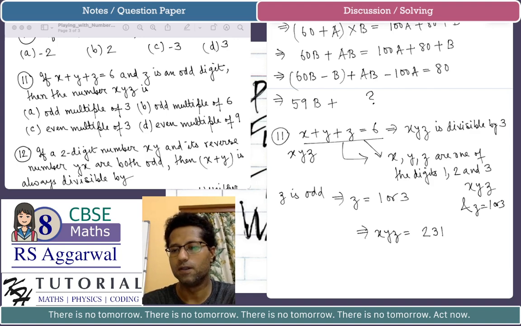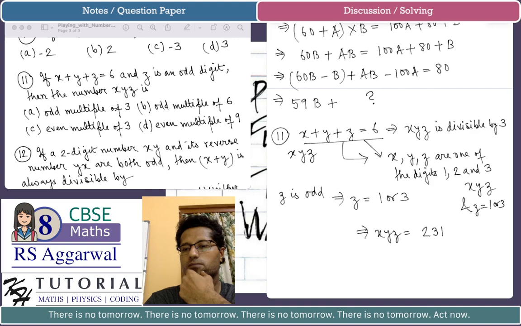So all the possible numbers of the three-digit number xyz, where z is some odd digit and all the digits xyz are among the digits 1, 2 and 3 and they are different. So based on these facts, let's find out what are the possibilities of the numbers xyz.